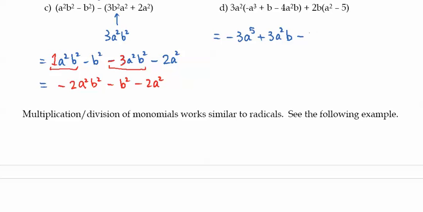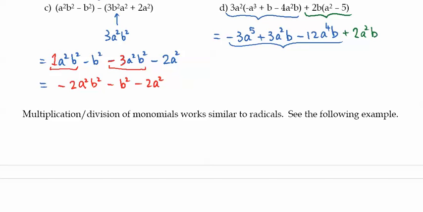So for the next one, the first group gives us these three terms. And the second group, as you can see, I'm trying to color code my steps, gives us the last two terms.